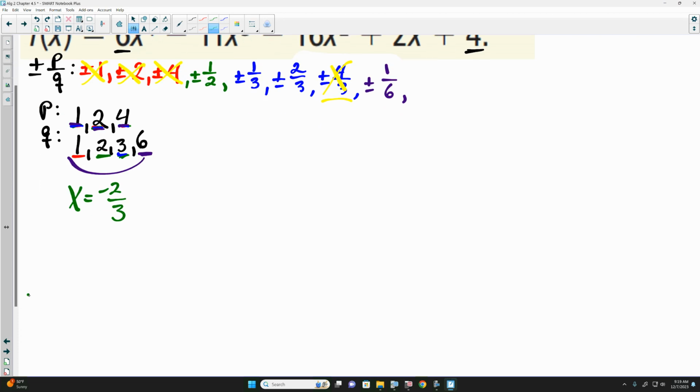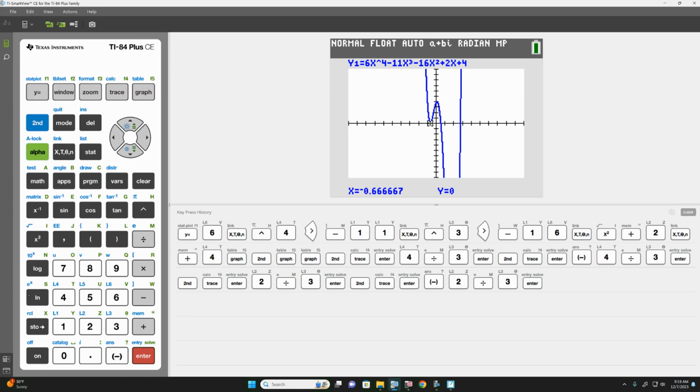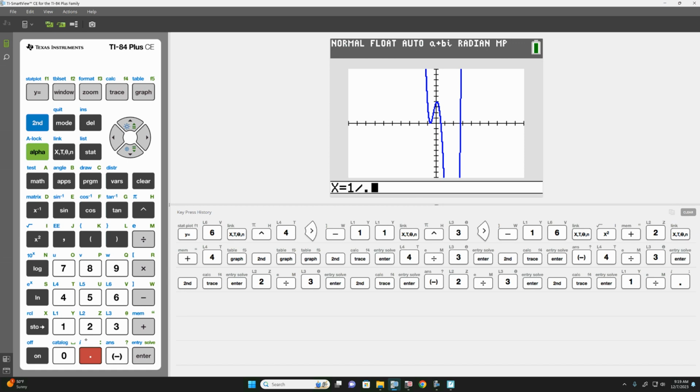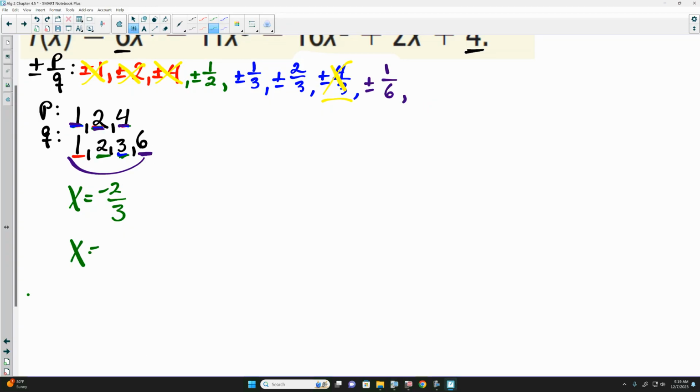Is there another one we want to try before we start synthetic division? 1/2. Second trace value, 1 divided by 2 is 1/2, so y value is 0. We can do negative 1/2.